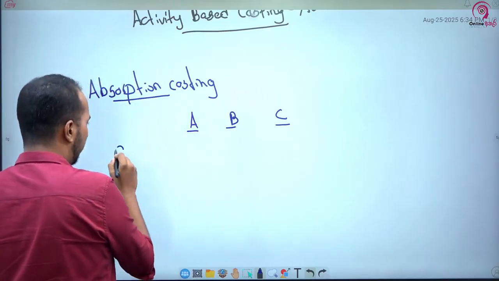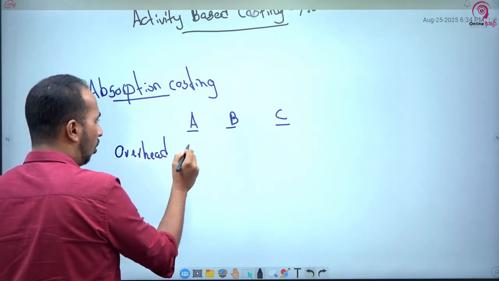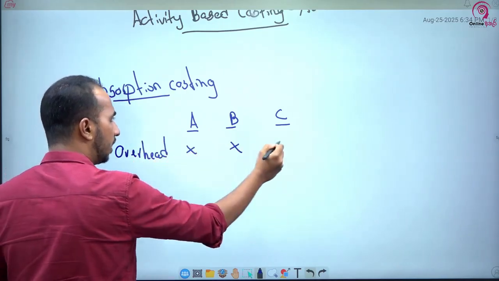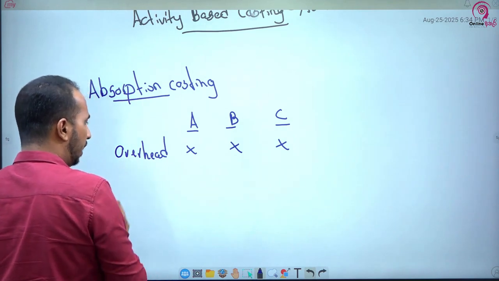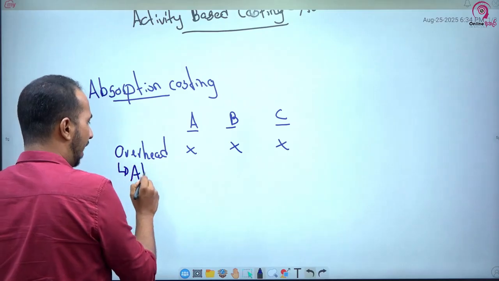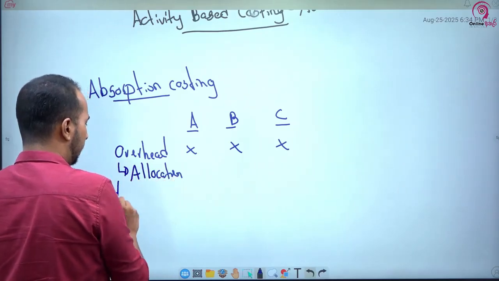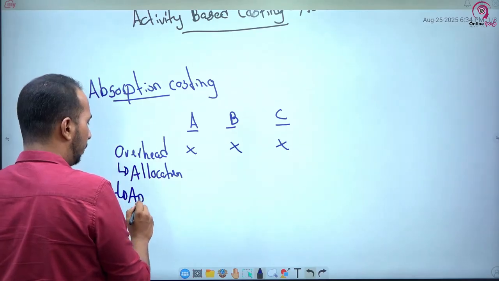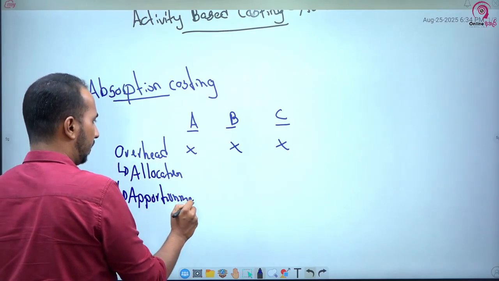Then we accumulated overhead under each of the cost centers. In this accumulation process, there is allocation as well as apportionment. I hope you can remember, this is in your previous syllabus.